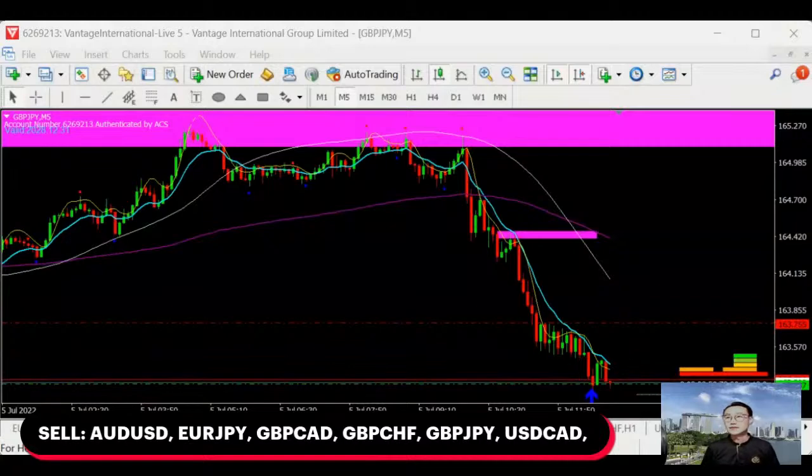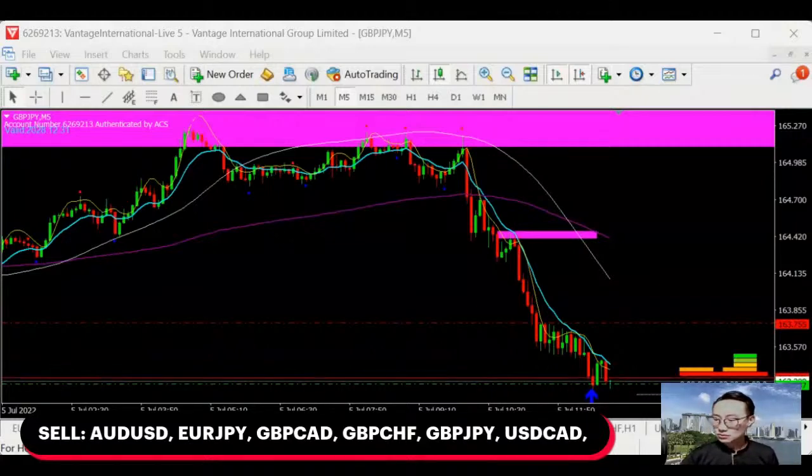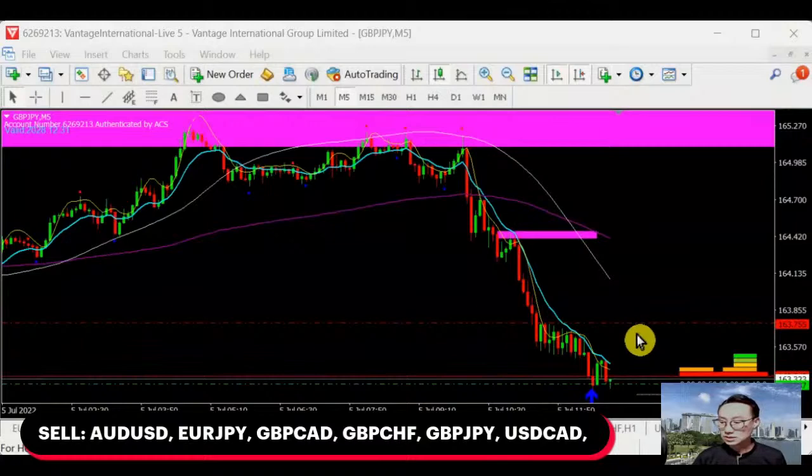Now it's retesting on the support, seems like it's coming back as a support here, testing on the support, wanting to break. Then likely we are going to see a pullback up to the resistance here.